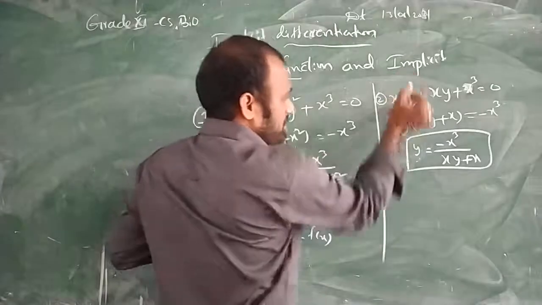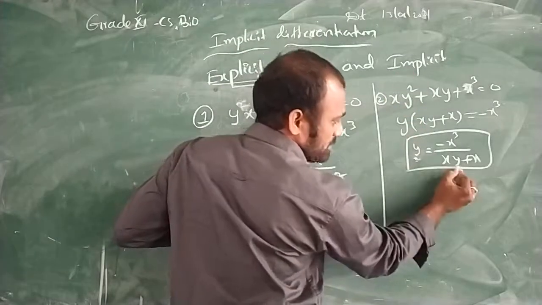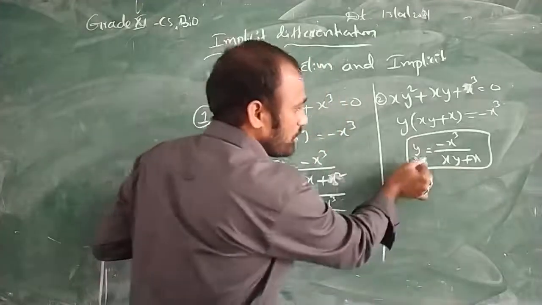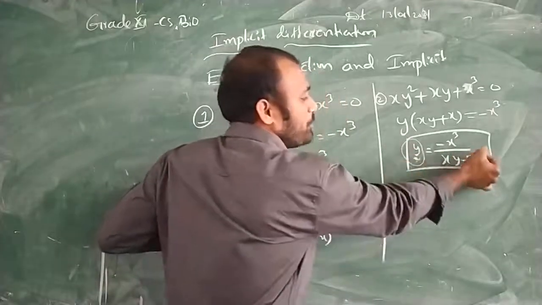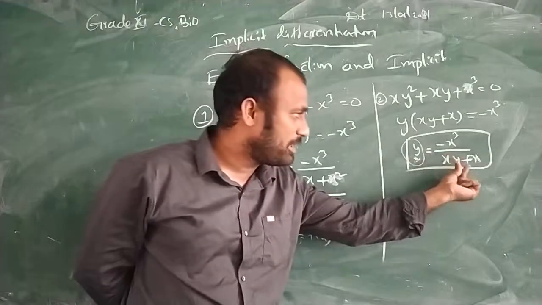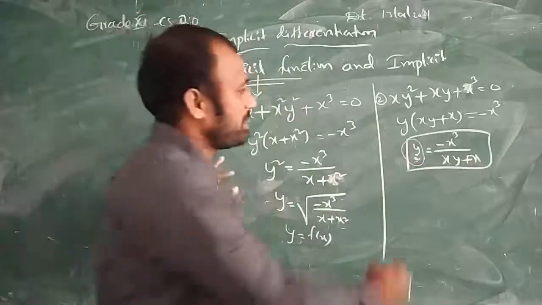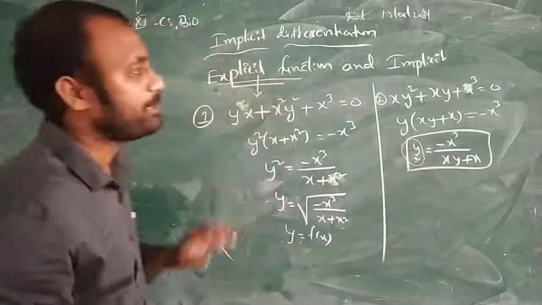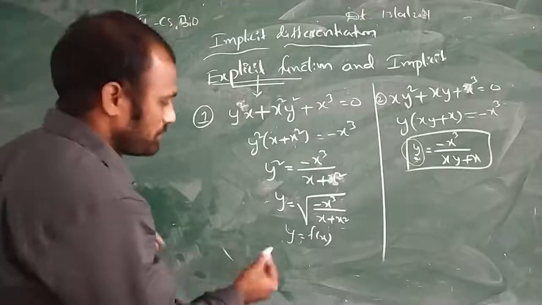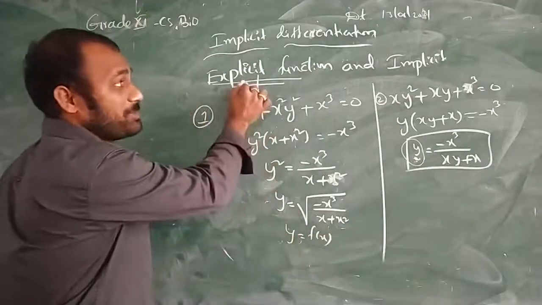Next, implicit function: here y is there, but here also y is there. So the function y is unable to be expressed in terms of x. That's the reason we call this function an implicit function. A function which I can express in terms of x, I call an explicit function.